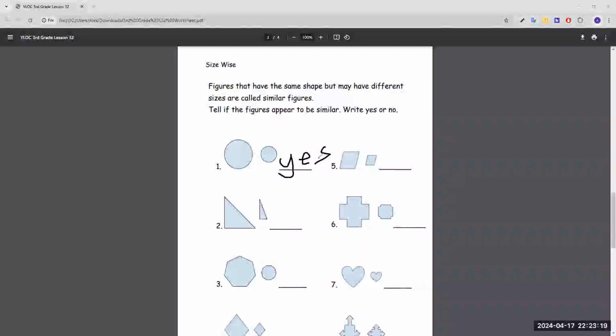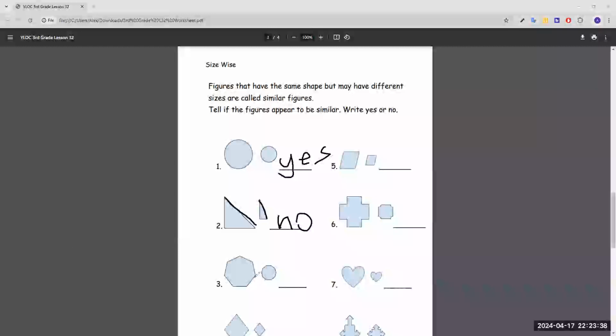Okay, number two. The smaller figure has a steeper angle going up and down, so that's not similar.